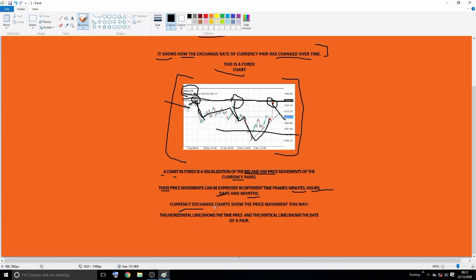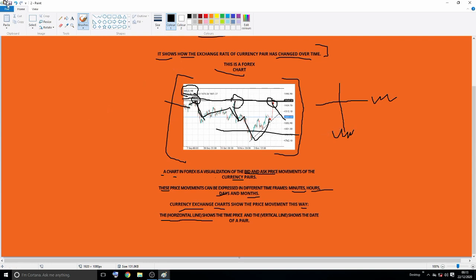A currency exchange chart shows this price movement this way. On a forex chart, the horizontal line shows the date and the vertical line shows the price.